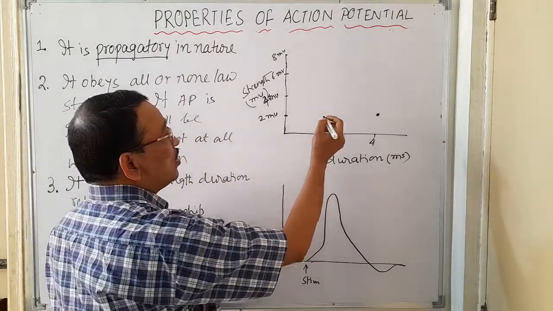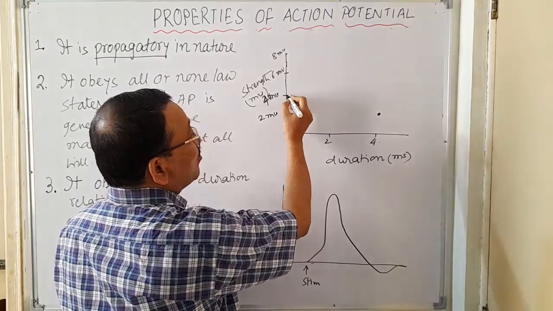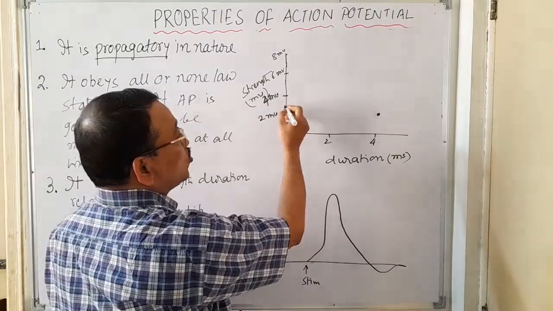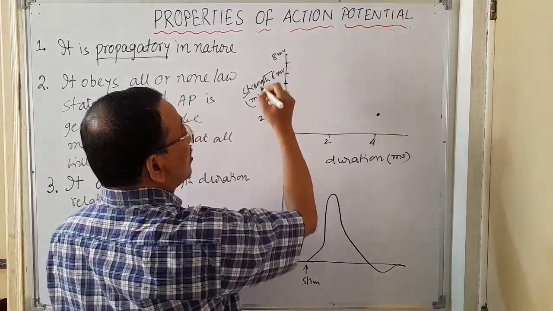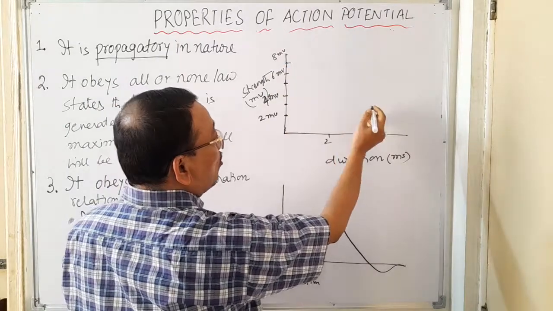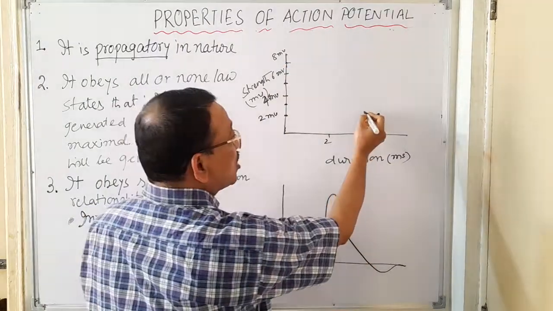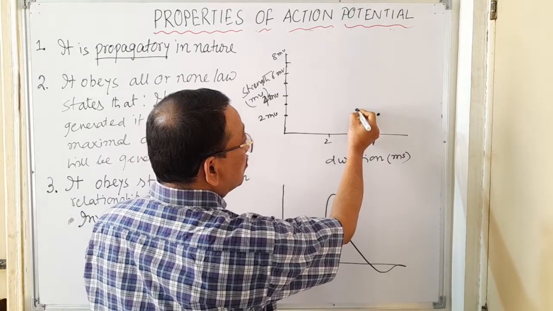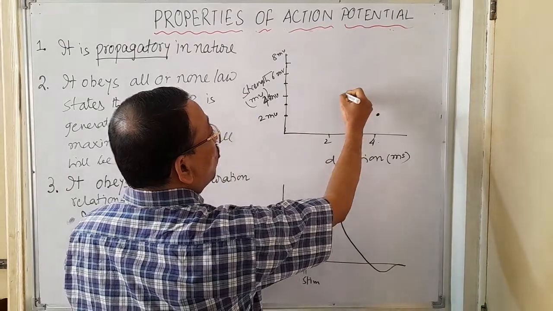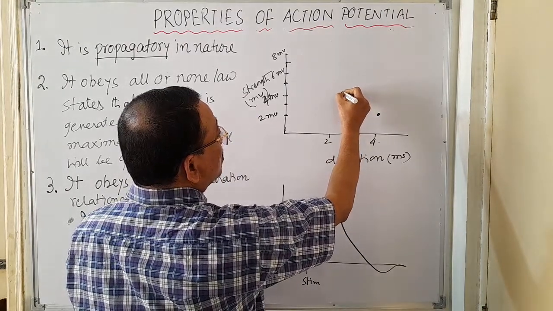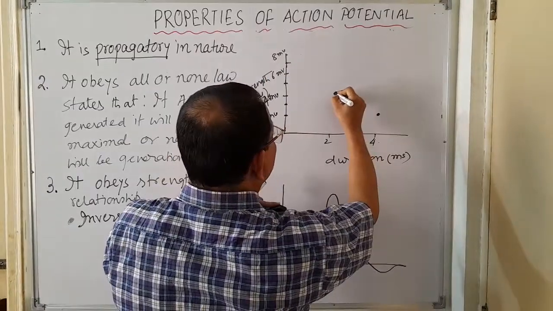Now if we increase the strength of the stimulus to 3, this is suppose 3, this is 5, this is 7. So if it is 3, obviously the duration requirement will be less, suppose this point. If it is 4, the duration requirement will be further reduced.